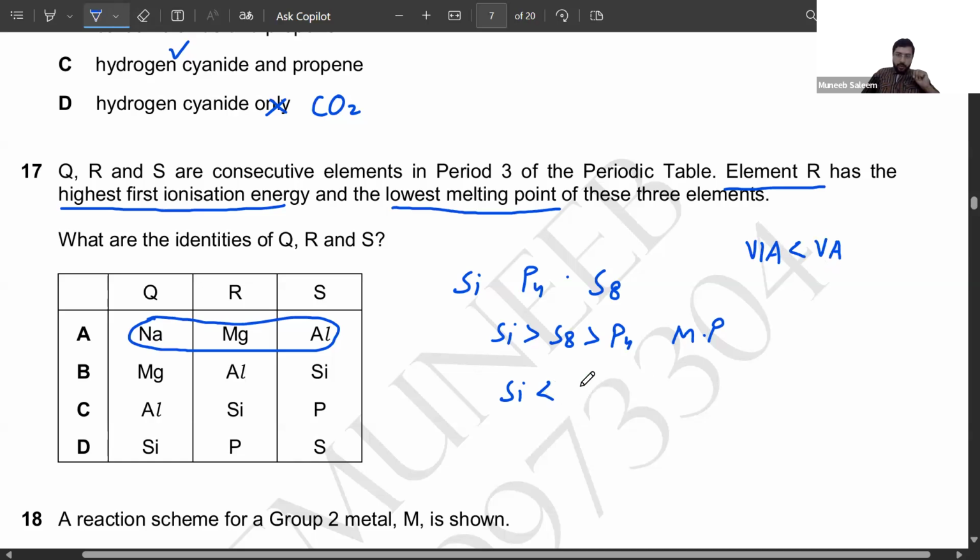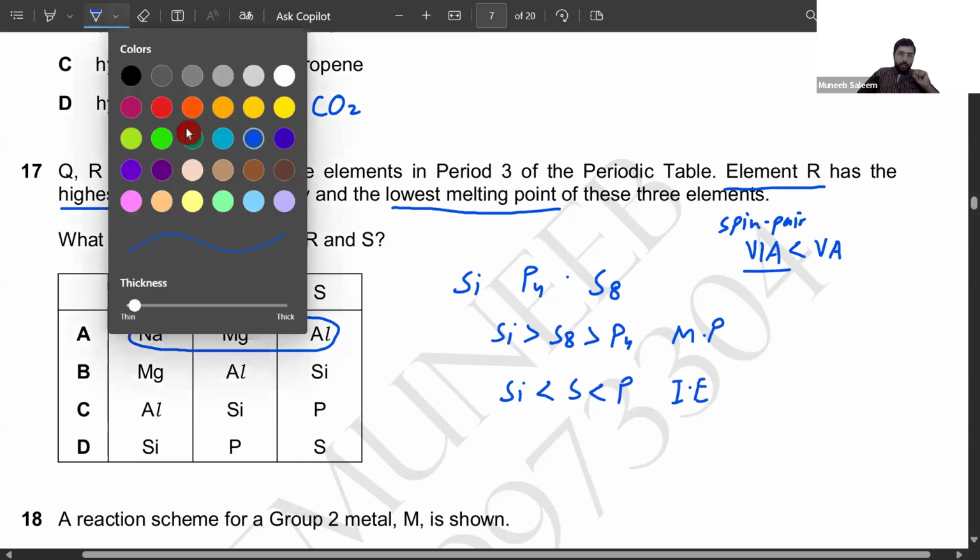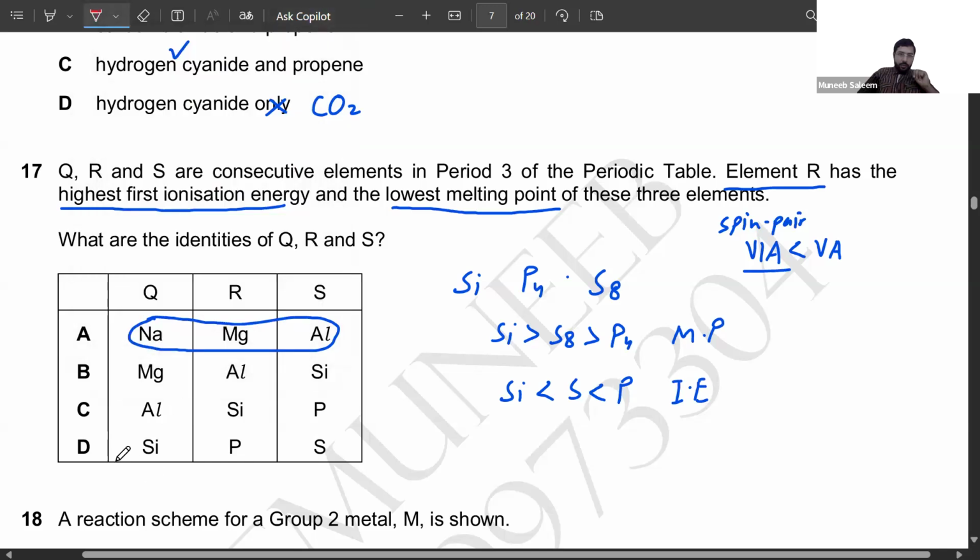That means silicon has less ionization energy than sulfur, and sulfur has less ionization energy than phosphorus because of the electron pair, spin pair effect. Spin pair effect is observed in the case of group 6A. So that's the reason that phosphorus has the highest ionization energy and it has the lowest melting point. That's why D is the correct combination of these elements. So D is the right option.